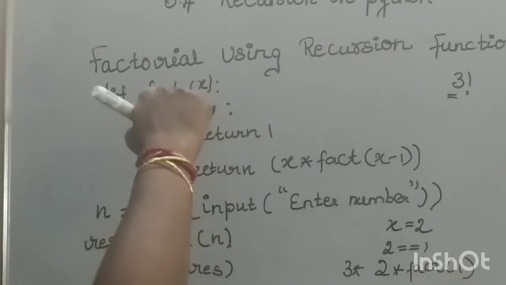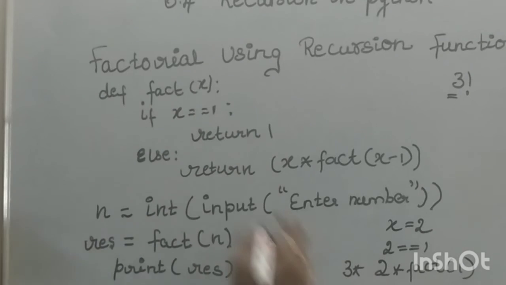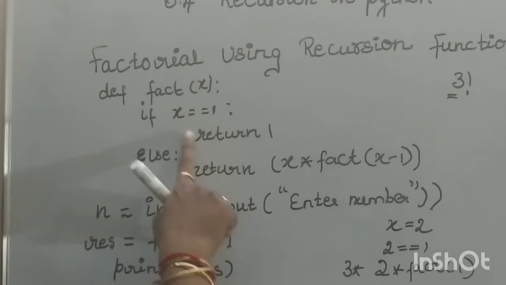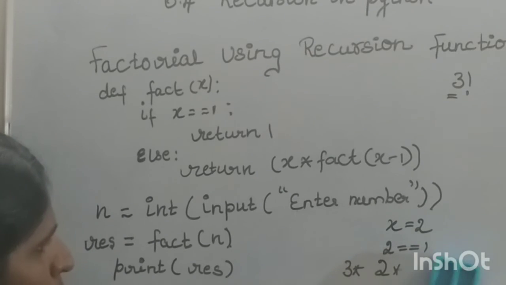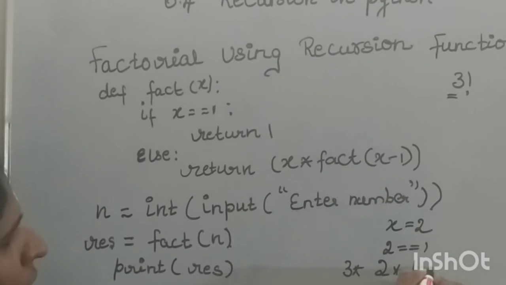Next, a 1 is passed to this x. Next, 1 equal to 1 is true. Then it returns 1. So this fact of 1 will return the value 1. 3 into 2 into 1 is 6.